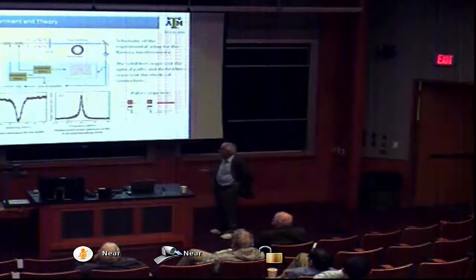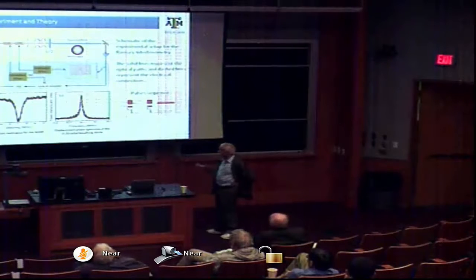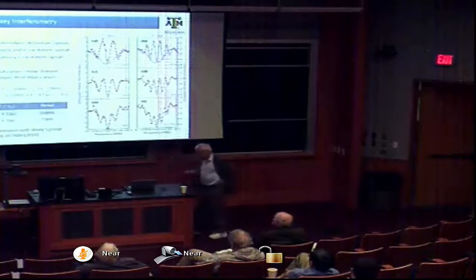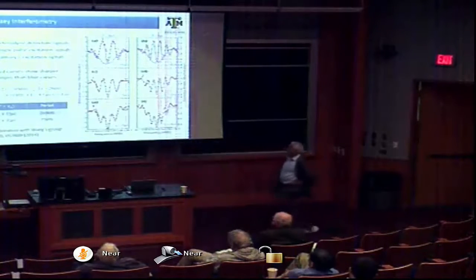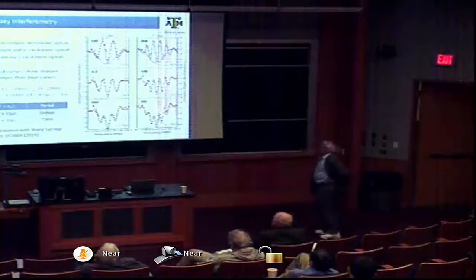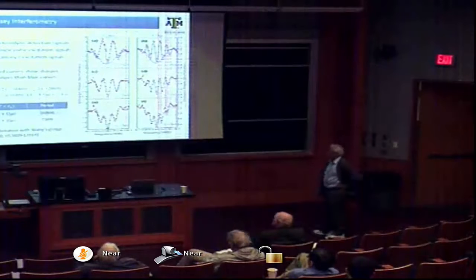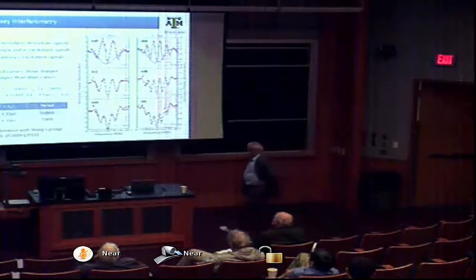Of course, when you do the experiment, you have to test everything. You have to test the properties of your optical mode. You have to test the properties of your mechanical mode, and so here are the experimental results on the Ramsey interferometry with photons, and it demonstrates clearly that the generated photons are coherent.